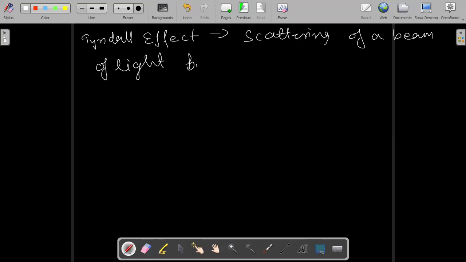So what is the wavelength of light? The wavelength of visible light is 450 nanometers to 750 nanometers.